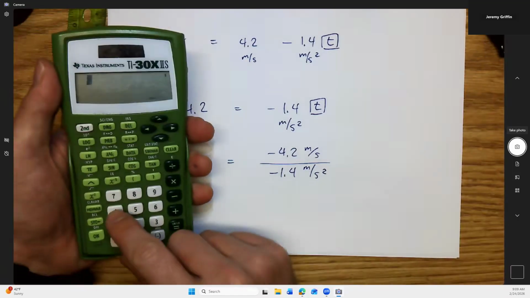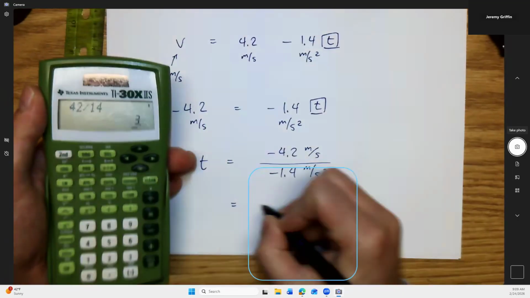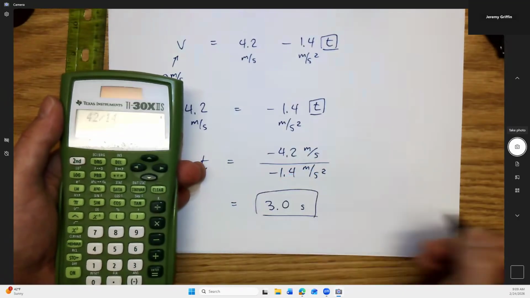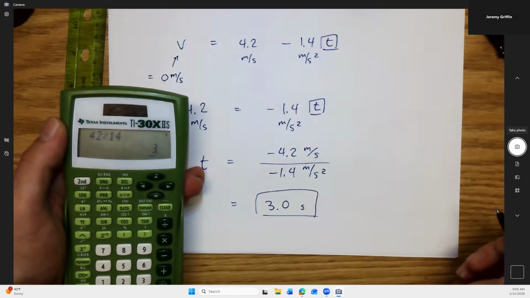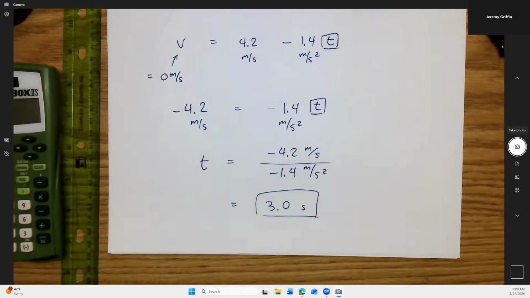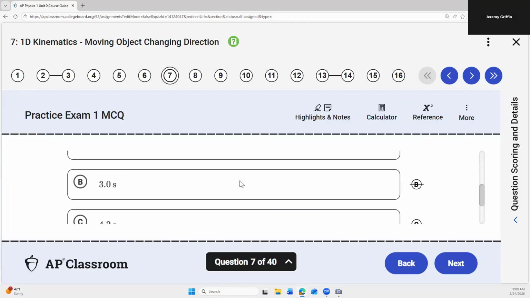So what is 4.2 over 1.4? That's a 3.0, and that'd be seconds. So it looks like at the 3-second mark, it's turning around. Is there a 3-second option? Looks like B. It is B.